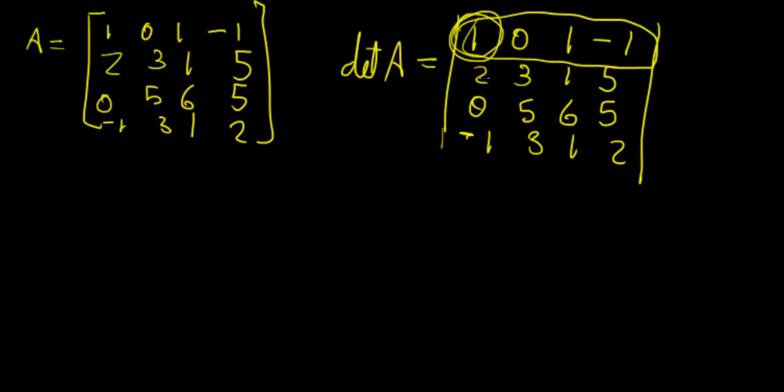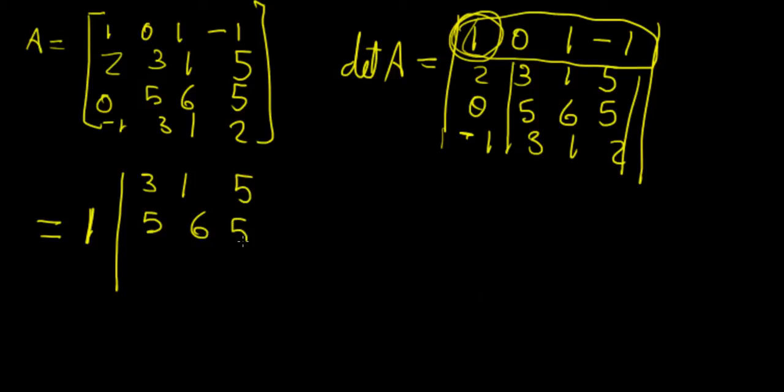You guessed it, we're going to take the first element, we're going to block the first column and the first row, and we're going to multiply this element 1 by the determinant of this whole chunk here, because those are the only elements that are not included in this column and this row. So we're going to have to calculate the determinant of that. So that's the 3 by 3 determinant: 1 5 5, 6 5 3, 1 2.